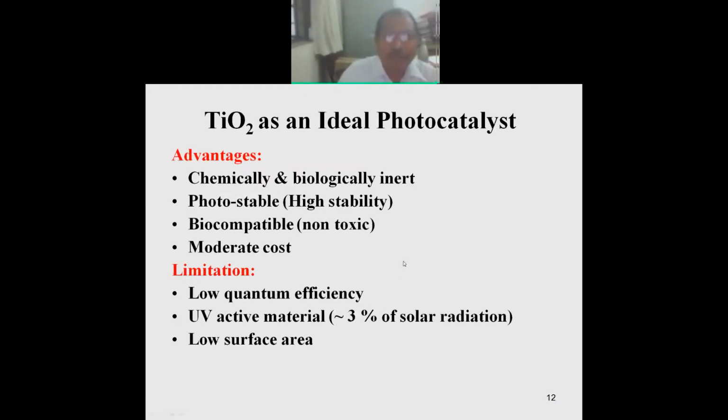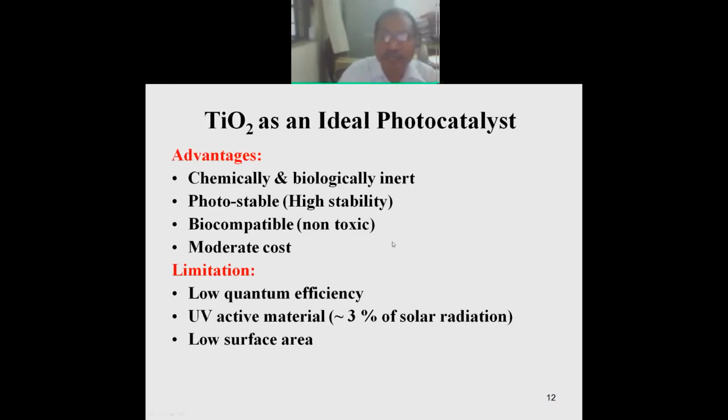Now, if you look at TiO2 as an ideal photocatalyst, there are some advantages and some limitations. TiO2 is chemically and biologically inert. It is photostable. It is biocompatible. It is non-toxic. It has a moderate cost involved, but the limitation is that it has a low quantum efficiency. It is UV active, particularly anatase.